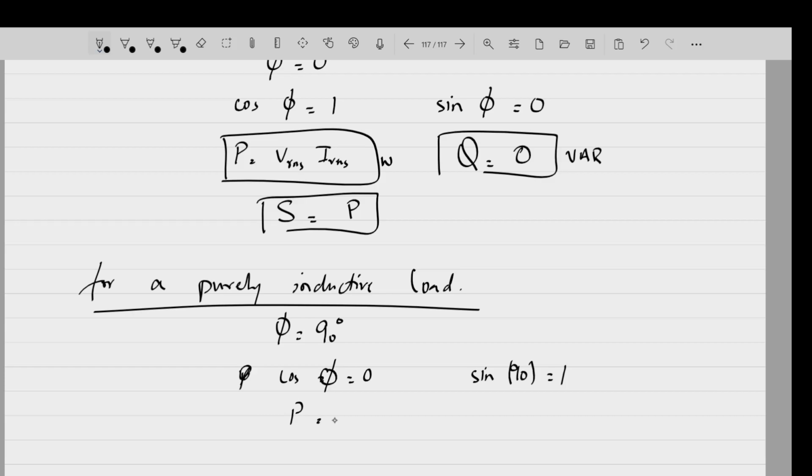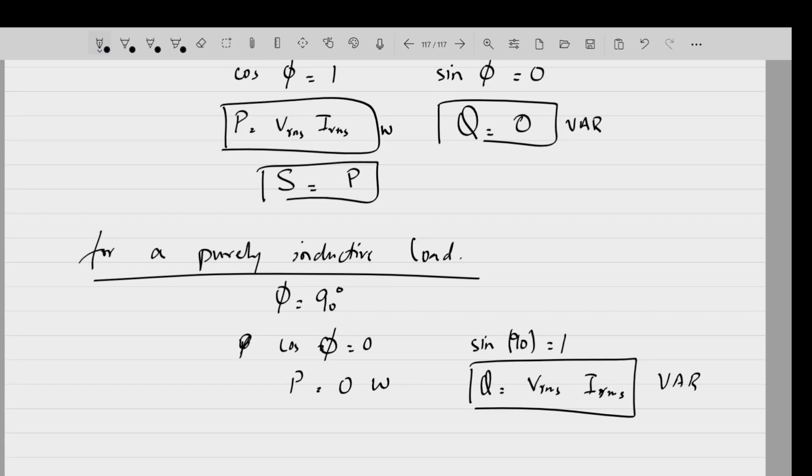So P तो आपका जीरो हो गया, यहाँ पे 0 वॉट्स। तो हमने एक्चुअली ये डिफाइन किया था वहाँ पे, वॉटलेस पावर, इंडक्टिव लोड इज अ वॉटलेस पावर। बट Q कितना होगा? ये VRMS इंटू IRMS होगा, these many VARs into sin phi, that is sin 90 is equal to 1 here. तो apparent power उस टाइम पे कितना होगा, it will be equal to P plus jQ, that is jQ only right now, jQ VAs.